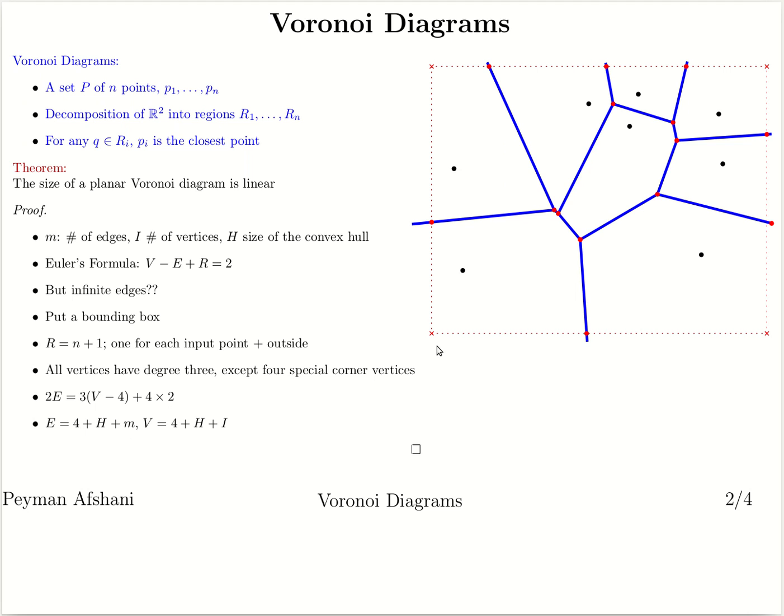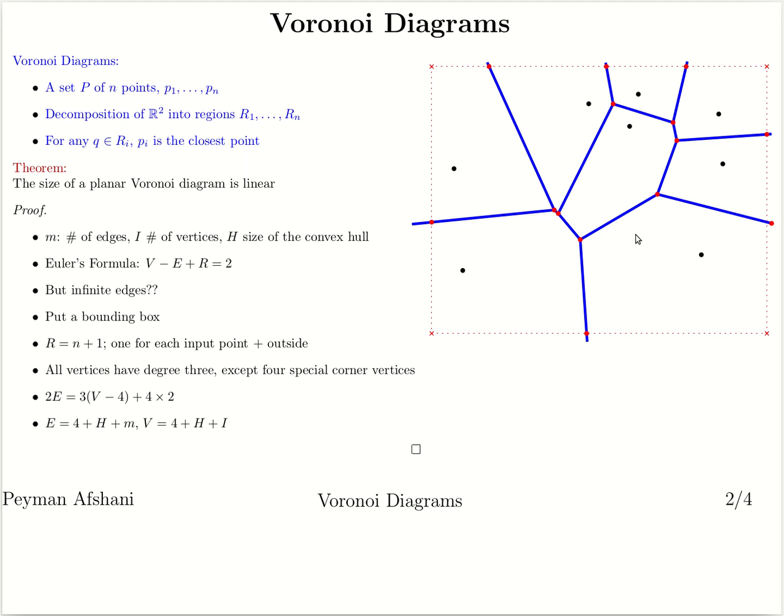Why is this true? Well, we had 4 initial edges added by the bounding box. Every infinite ray intersects the bounding box once, so therefore creates 1 extra edge, and the number of rays is equal to the size of the convex hull. I'm not going to prove this, but it's easy to prove. And finally, we had m normal edges in the original Voronoi diagram.